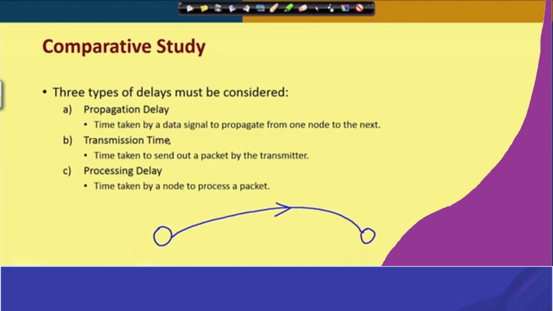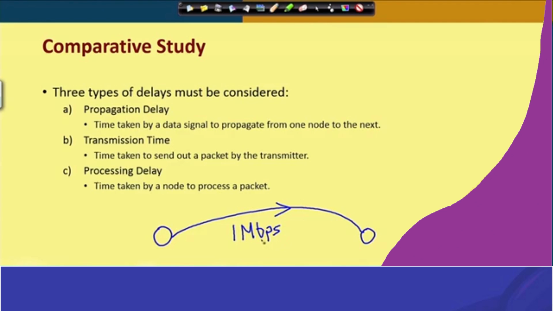But transmission time is different. Transmission time depends on the bandwidth of the link. Links are categorized by speeds: kilobits per second, megabits per second, gigabits per second. Suppose it is a 1 megabit per second link, 1 Mbps. So, 1 million bits can be sent per second. If there are 1000 bits you are trying to send, how much time will it take?